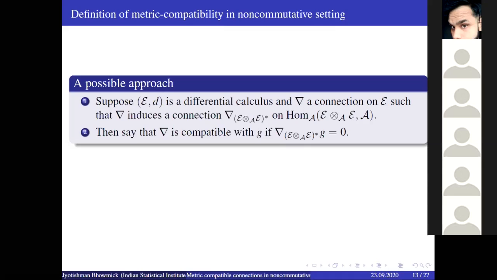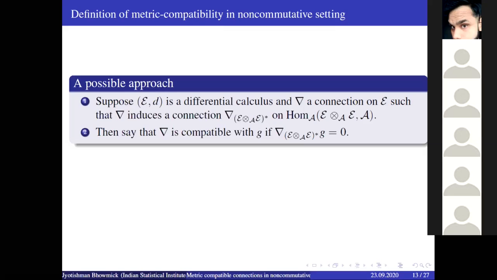So there are 2 ways to go about it. So one, you can either impose some restrictions on the differential calculus. 2, you can impose some restrictions on the connection, and 3, impose some restrictions on both of them.